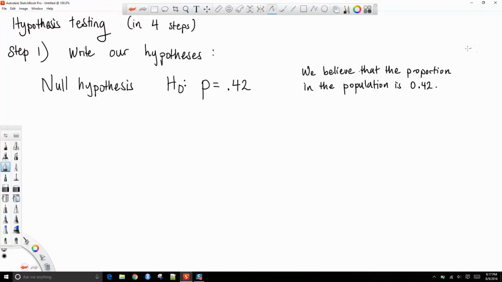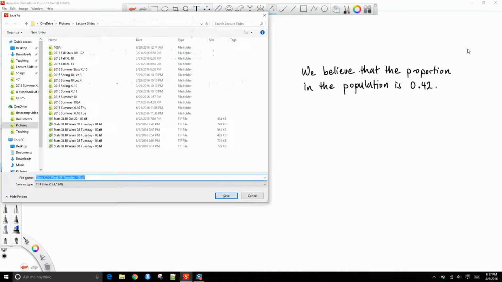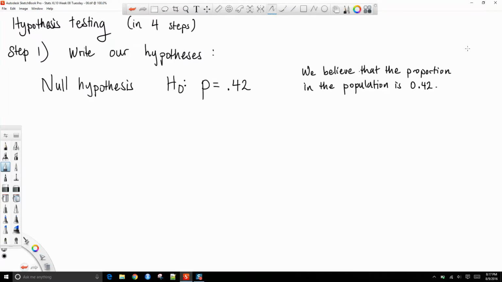Okay, so maybe what proportion of people have a pet or something, okay? Maybe 42%, I don't know. We're just making stuff up here, okay?